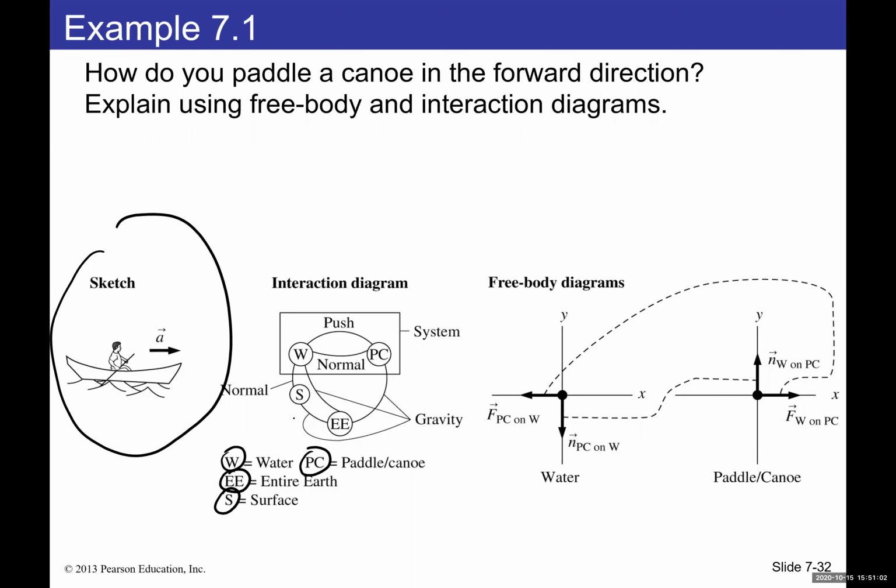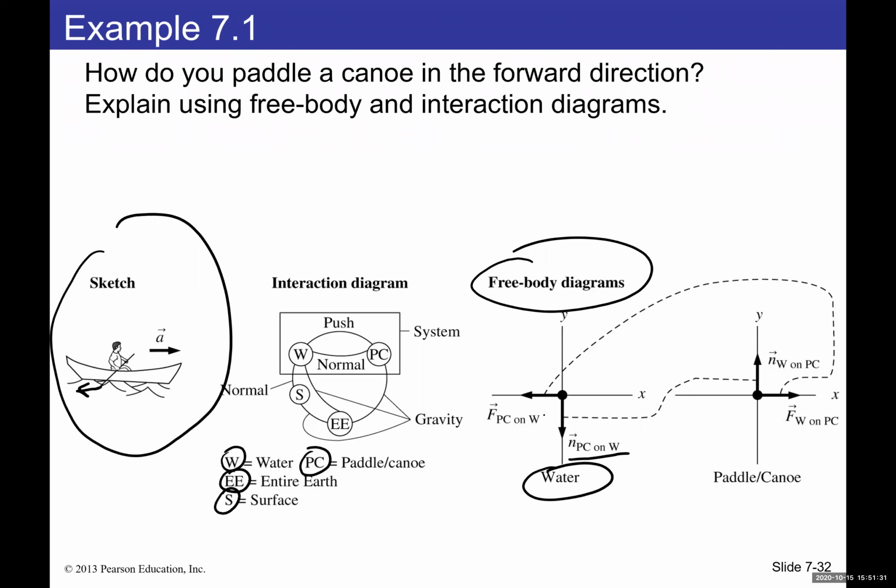Now the way it works here is basically you push the water to the left, right? So basically pushing the water to the left, exerting force on the water. For example, if you're looking at the free body diagram, this is just the water. So what you have here is a normal force from paddle canoe on water, down, because it basically pushes down, right?